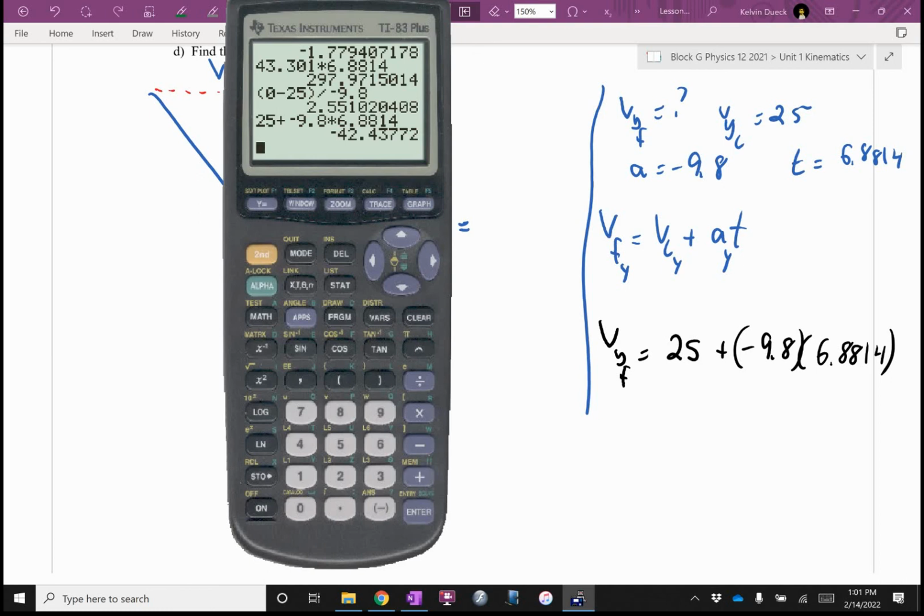I got a negative answer. Did you get a negative answer? Oh, wait a minute. What direction are we traveling vertically when we hit the ground? I'm not nervous now. I was hoping for a negative answer. Did y'all get negative 42.43772?